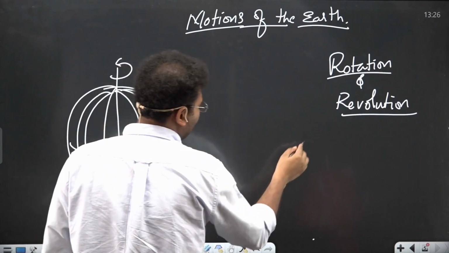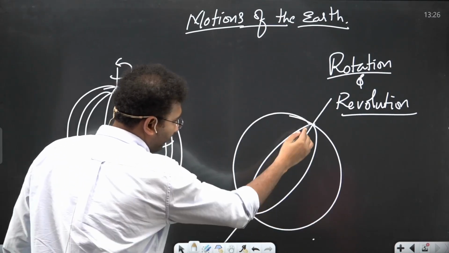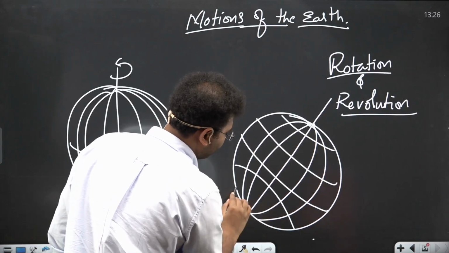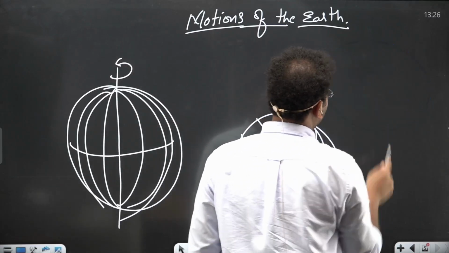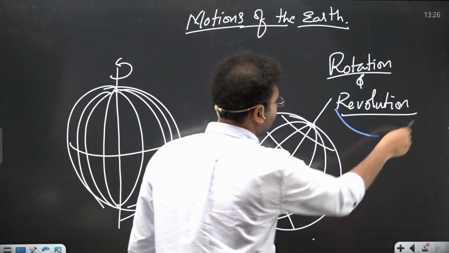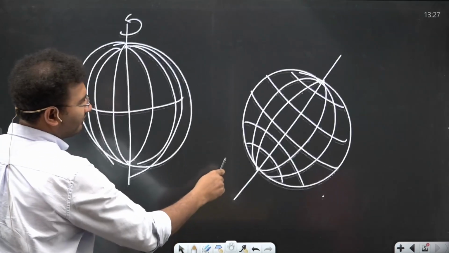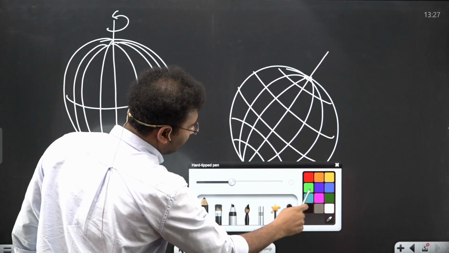I also have an earth which has a tilted axis like this. I have a tilted axis as well. So you tell me, if I am giving equal sunlight, imagine, look here, this is the area of the sunlight.